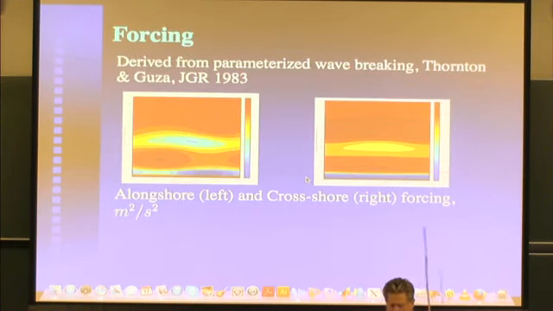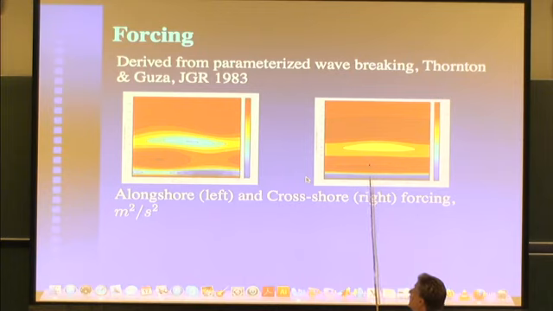Forcing is parameterized from wave breaking. You assume that the waves lose some energy, they obviously do, and transfer momentum to the water inshore of the waves when the waves break. And people have looked carefully at that. This is a parameterization by Thornton and Guza, and I thought that this would be a real good place to say, well, look, you read Thornton and Guza's paper, it's got all these approximations.